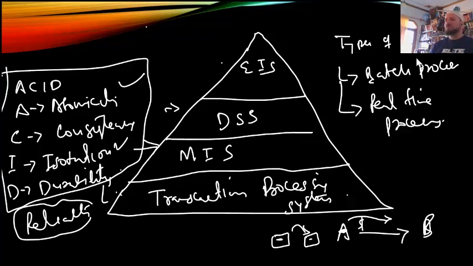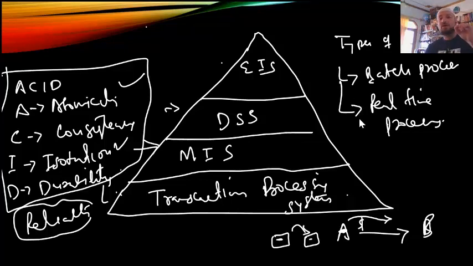In batch processing, for example, you have a big company with a huge number of transactions, so it is better to batch them together in a group and send them at a later date. That's called batch processing, where we save on transmission, because we can send them together in one batch instead of individually.